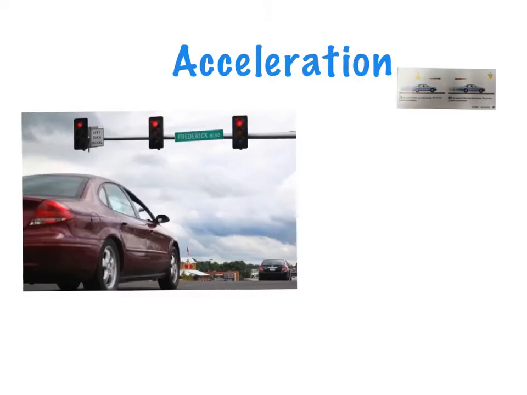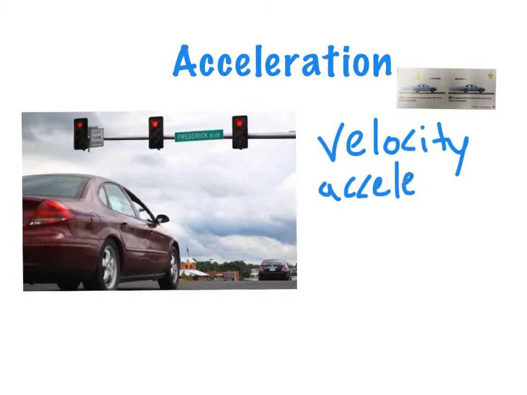Alright, we're going to start with Roman numeral number 1, acceleration. It says when the velocity, your first blank is velocity, of an object changes, we call that acceleration. So it's basically when something starts to move faster or slower.